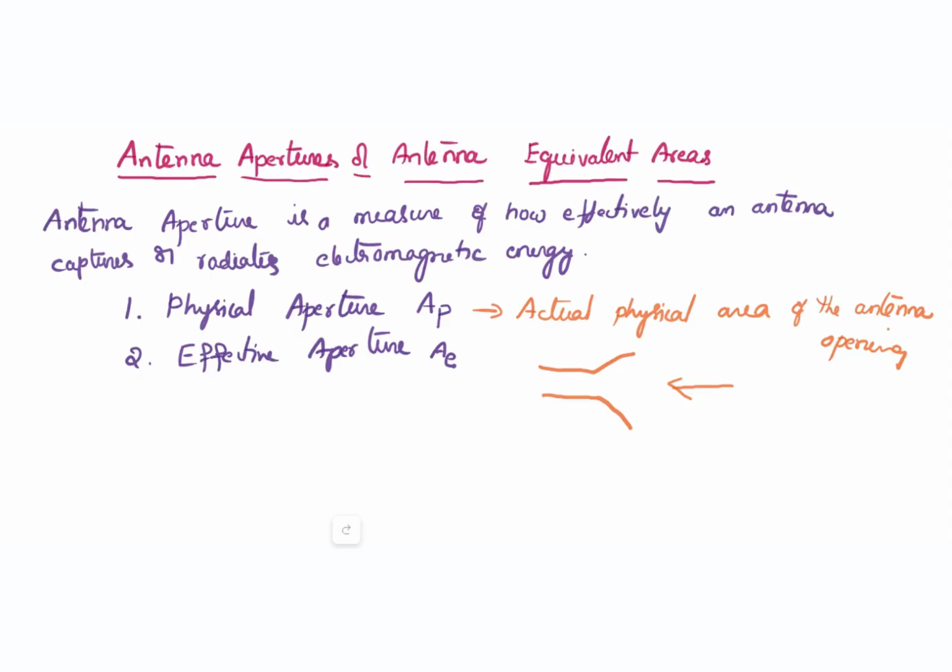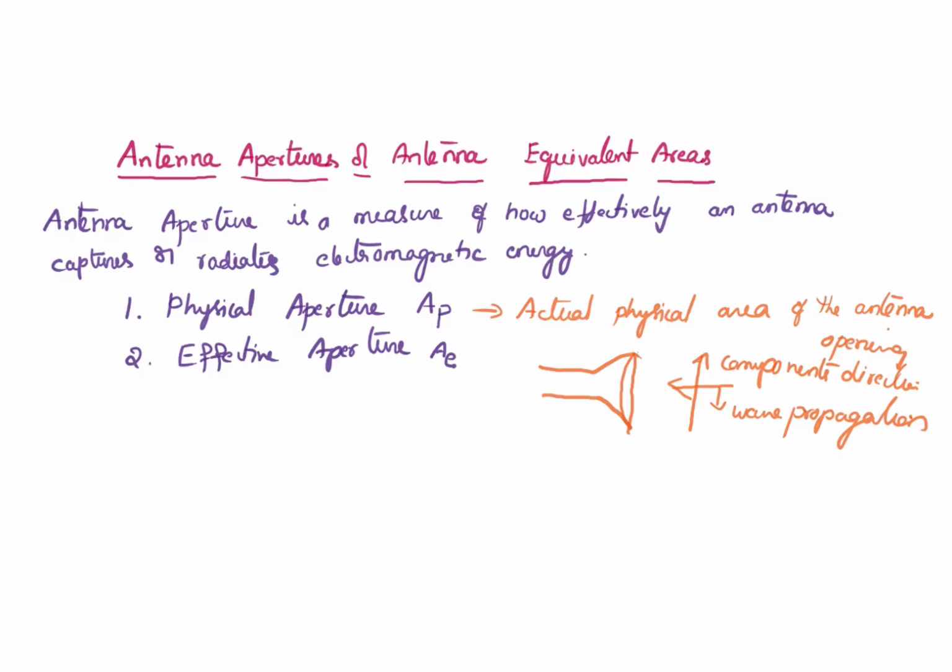We know the components are opposite. This is the component's direction and this is the wave propagation. So when the wave is entering this receiving antenna, this opening part is nothing but the physical area.